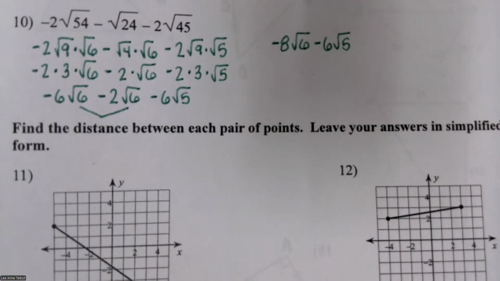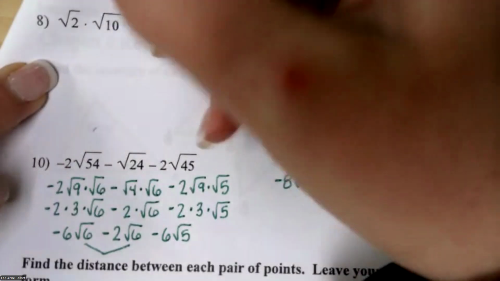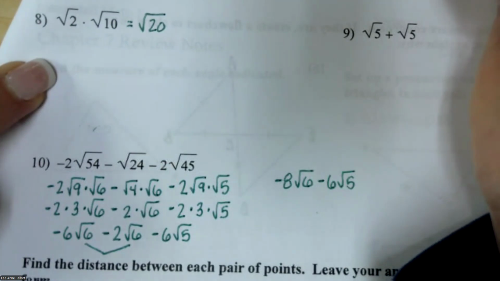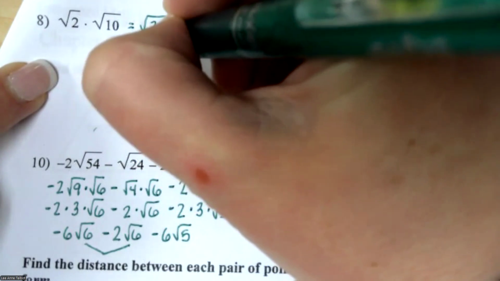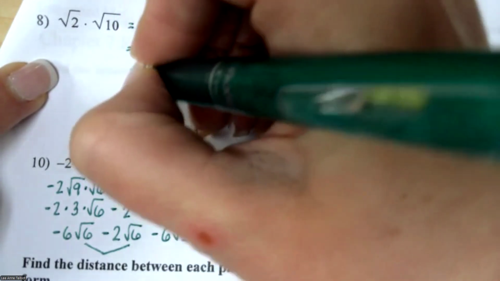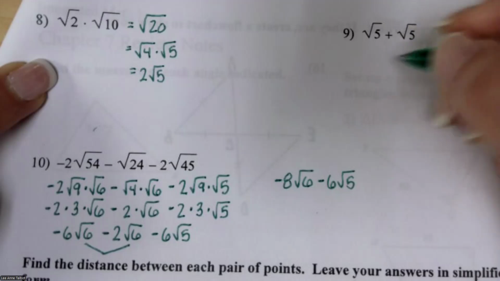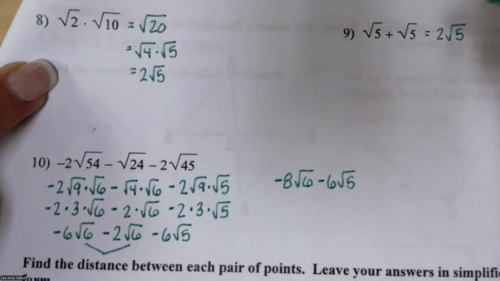What? You mean the answers for them? So 8 is square root of 20. No, which is the square root of 4 times the square root of 5, which is 2 root 5. And then here's a fun fact. The answer for this is also 2 root 5.